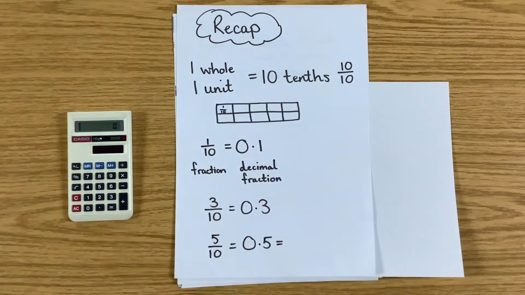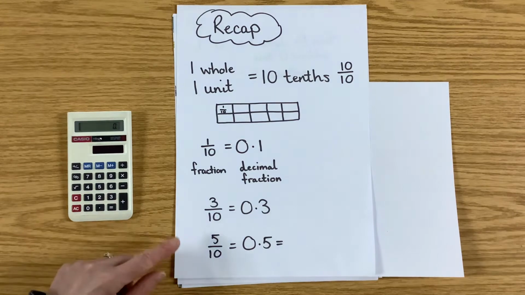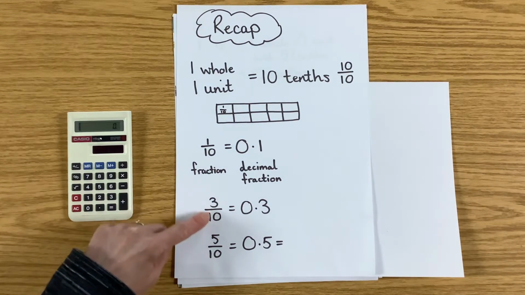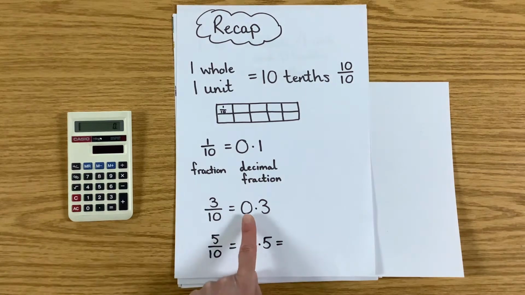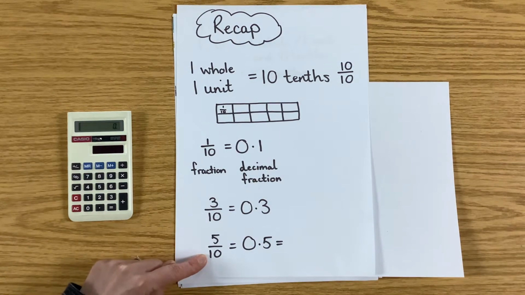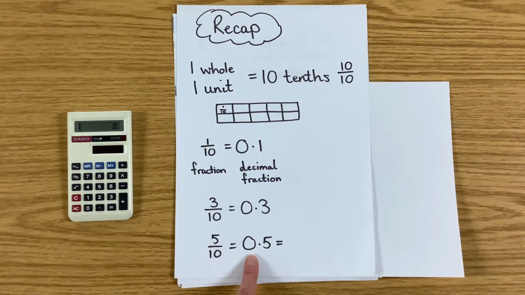That's the tenths number. So far we have been looking at fractions such as 3/10, and we have learned that 3/10, written as a decimal, is 0.3. If I had 5 out of the 10 parts, 5/10, that would be written as 0.5.